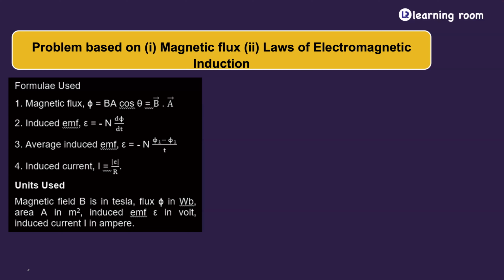One important point to be noted here is Lenz's law is based on the conservation of energy. Please make a note of it. Did I tell that point? Write it down. So Lenz's law is based on the conservation of energy.